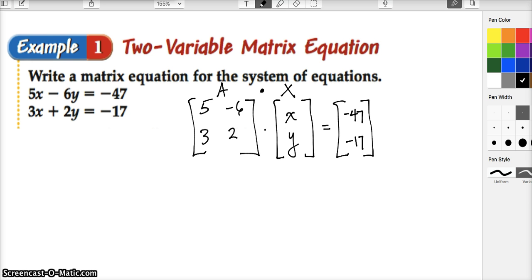I think they use B for that. So A times X equals B, and that's all we're doing here.